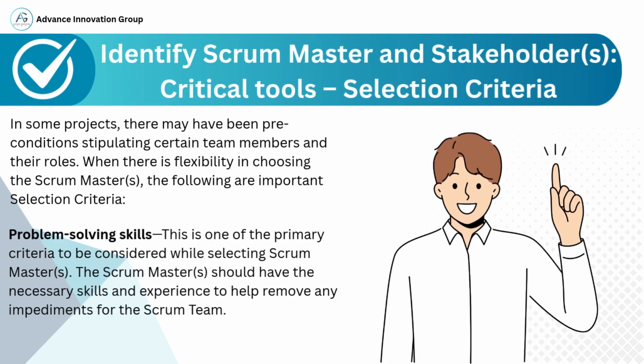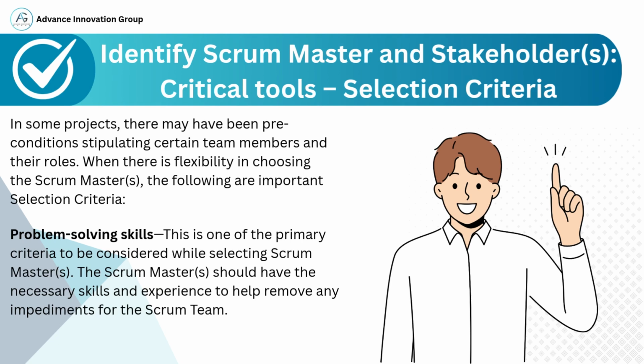In some projects, there might already be predefined roles for certain team members, meaning there's little flexibility in choosing the Scrum Master. However, when the team has the option to select the Scrum Master, it's important to use proper selection criteria. One of the most important factors is the Scrum Master's problem-solving ability.